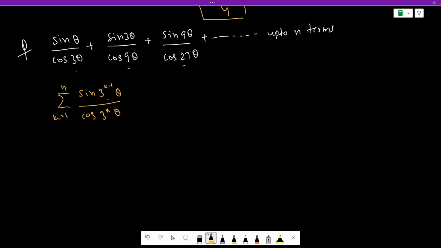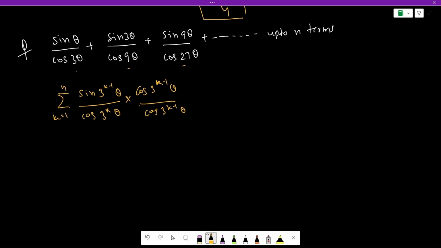how to solve this? To solve this, what I'm thinking is to multiply by cos 3 to the power k minus 1 theta by cos 3 to the power k minus 1 theta.